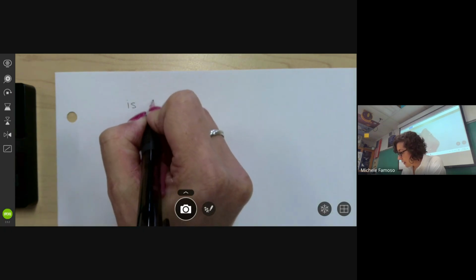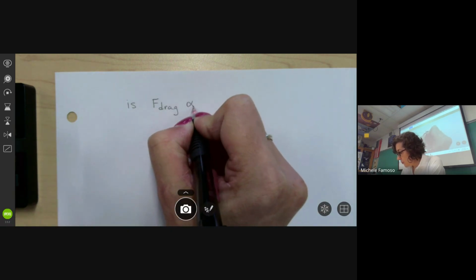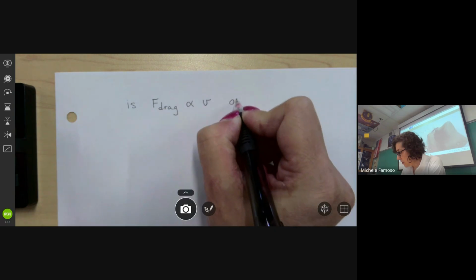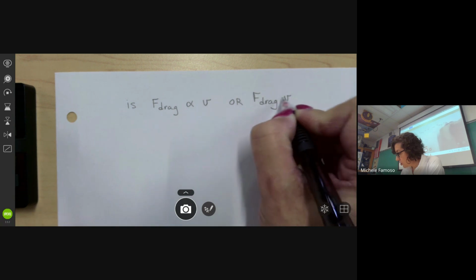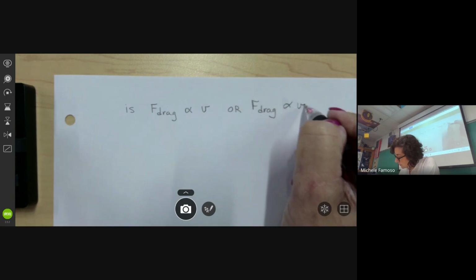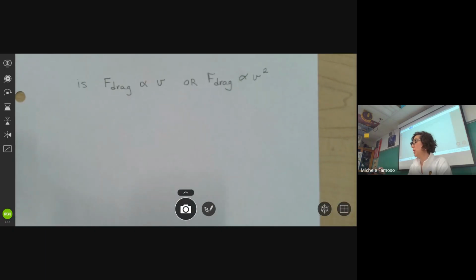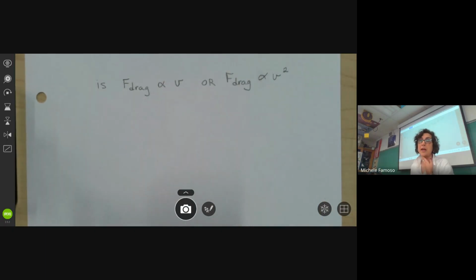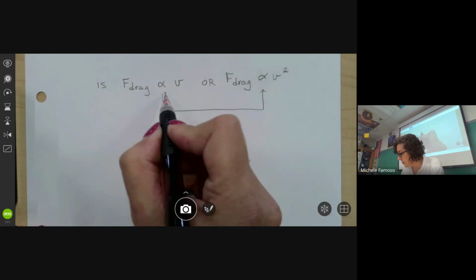is the drag force on a coffee filter proportional to V, or is the drag force proportional to V squared? You don't know. That's what your ultimate objective was, to figure that out. So when we talk about this proportionality, what does that mean?